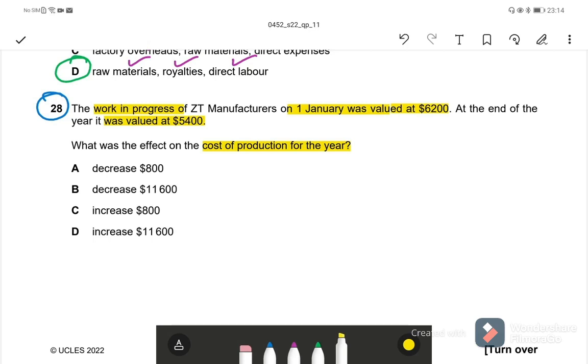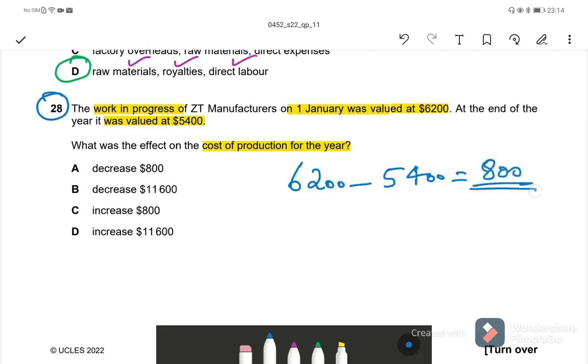Closing work in progress is deducted in manufacturing account. So opening 6,200 minus closing 5,400 is equal to 800 more. So it will increase the cost of production. Correct answer is option C.